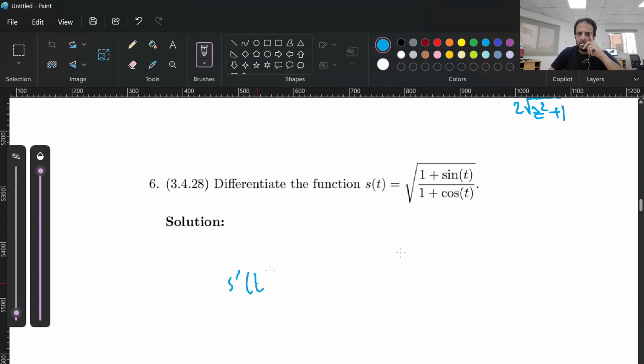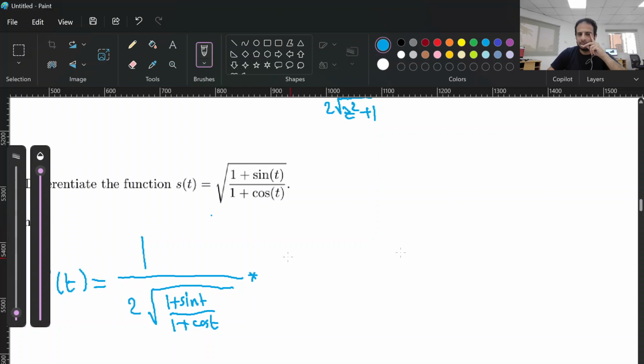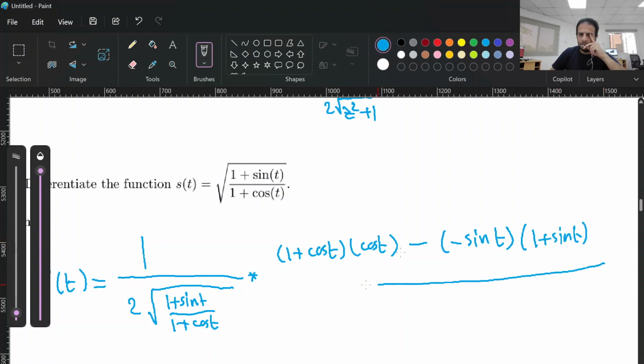So S prime of t equals 1 over 2 square root of the same thing, times 1 plus cosine t times cosine t, that's the derivative of 1 plus sine t, minus minus sine t times 1 plus sine t, over 1 plus cosine t squared. Yeah, thank you.